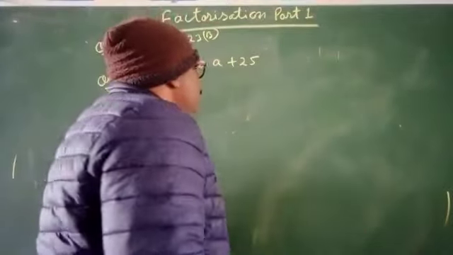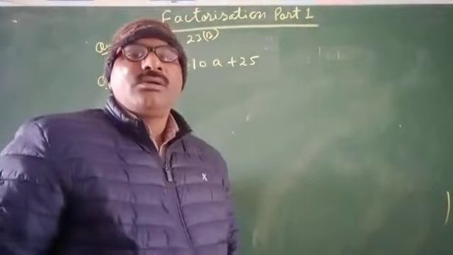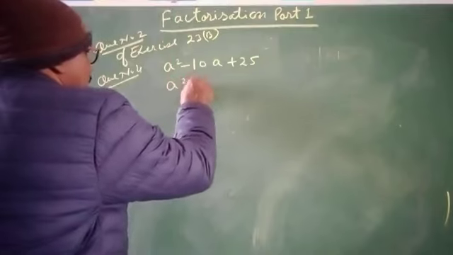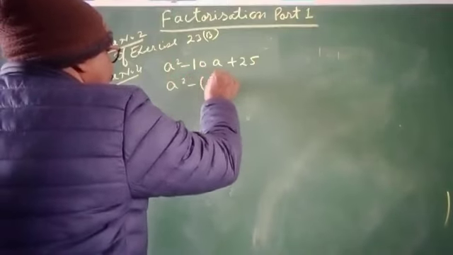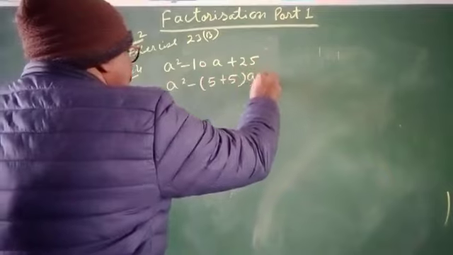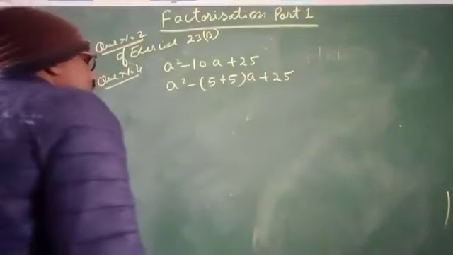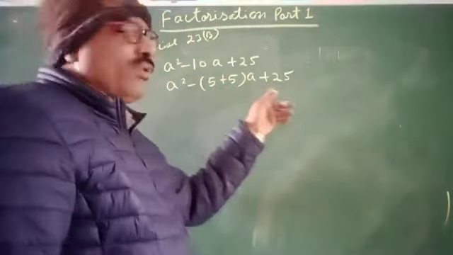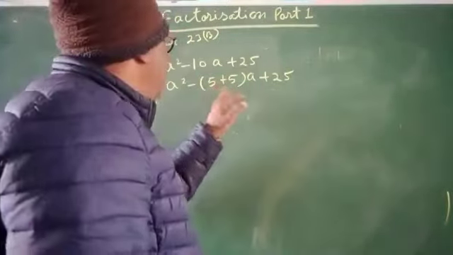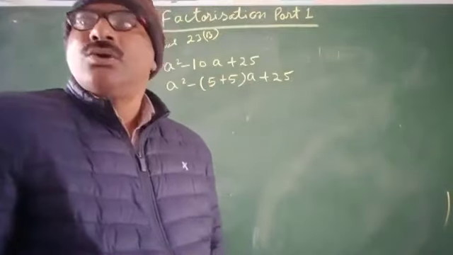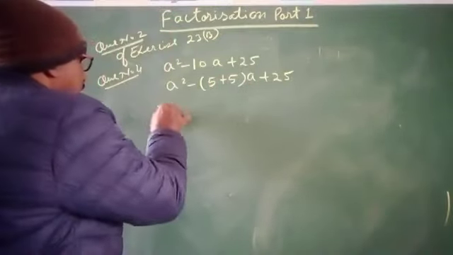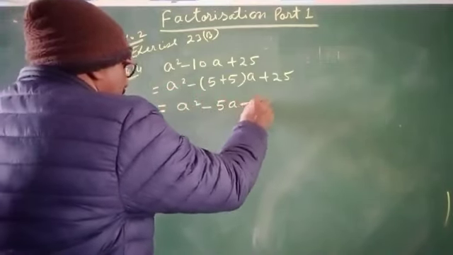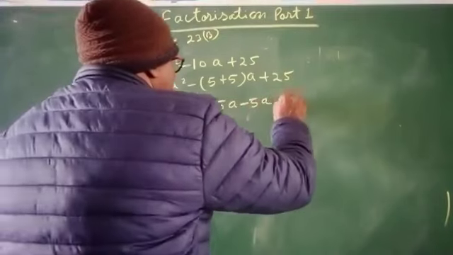So we can write this as a square minus 5 plus 5 a plus 25. So I will write as a square minus 5a minus 5a plus 25.